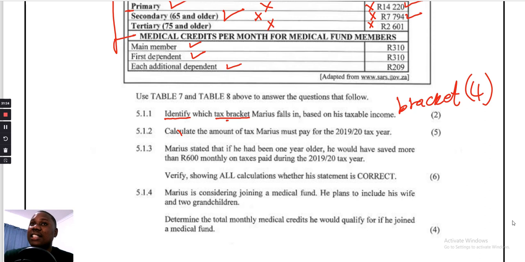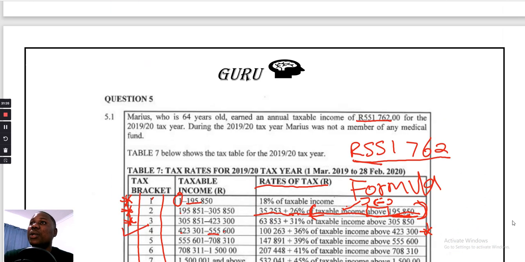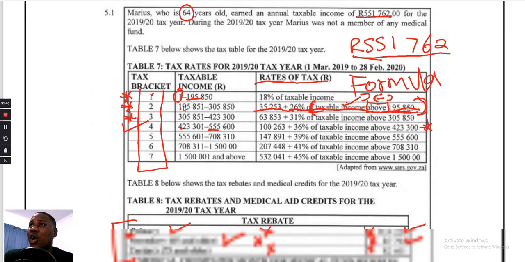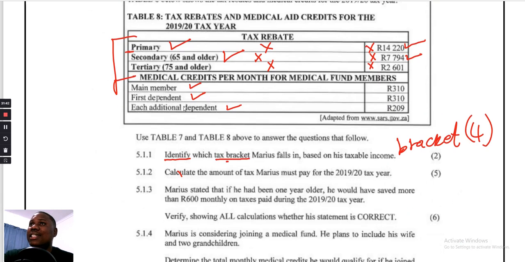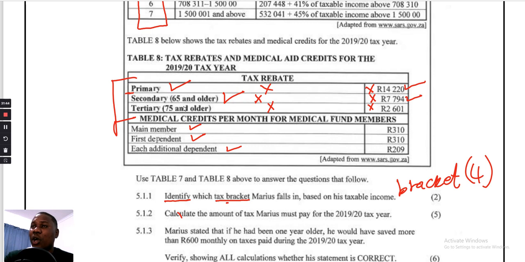And remember, they say Maras does not belong to any medical aid. It's not a member of a medical aid fund. So if we check Maras here, she is 64 years old. So which rebate is she qualifying for? She is qualifying for the primary.